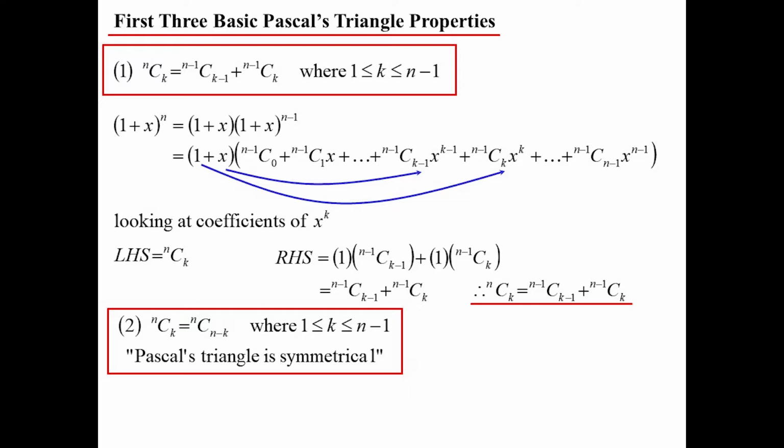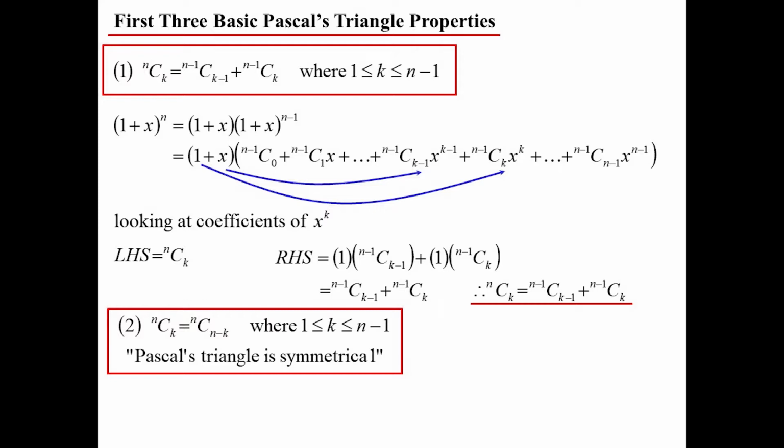When you think about it with combinations, if you remember the formula for combinations, that makes sense. Let's say 5C2. If I wanted to work out 5C2, I would have said 5 factorial on 2 factorial, 3 factorial. But if I wanted to work out 5C3, I would have said 5 factorial on 3 factorial, 2 factorial.